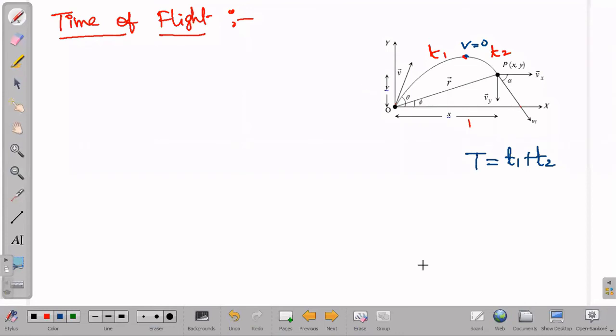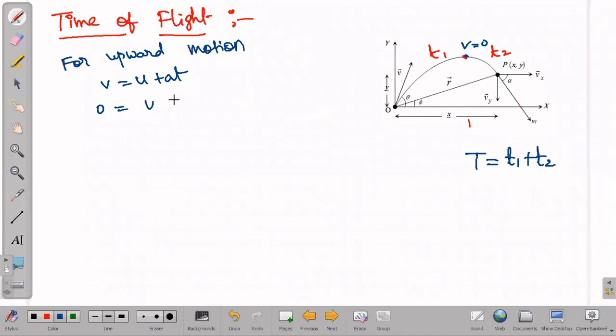Now, I am writing the same v equals u plus at formula for upward motion. In that, the final velocity v is equal to 0. The initial velocity upward is u sine theta, so the vertical velocity is u sine theta.